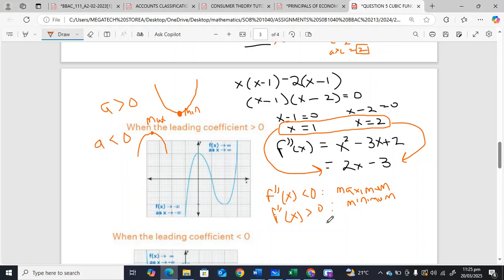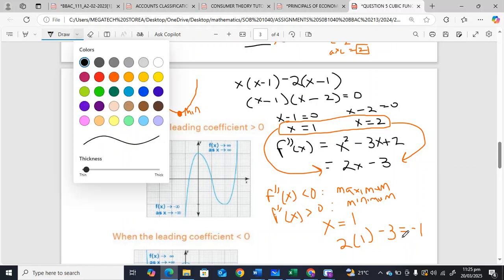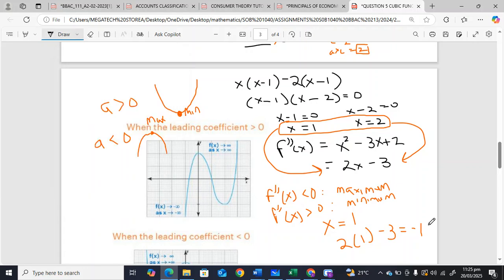So we substitute. We start with x equals 1. Let's substitute. Negative 1 is less than 0, right? So x equals 1 is our maximum.